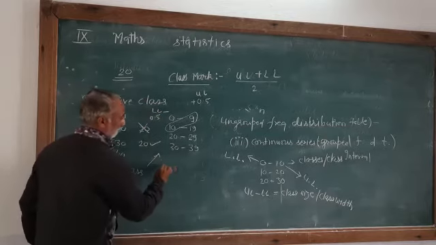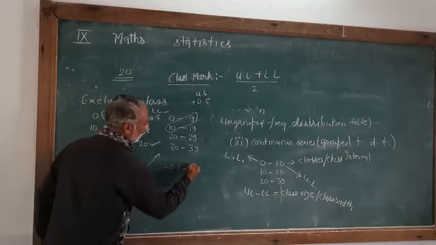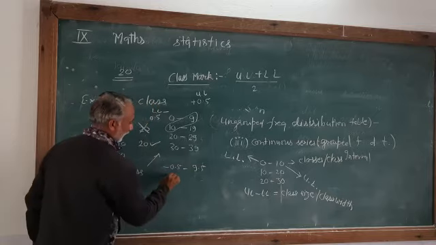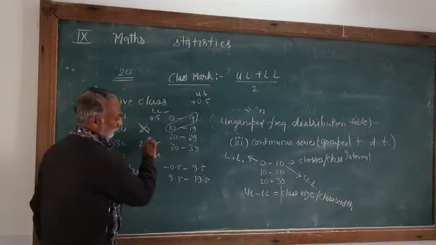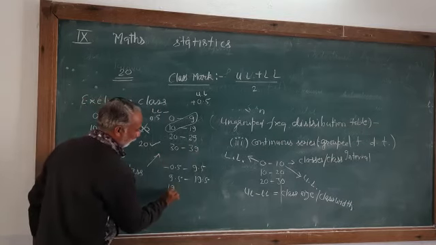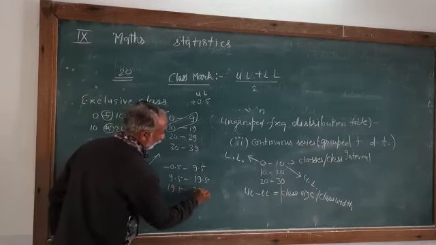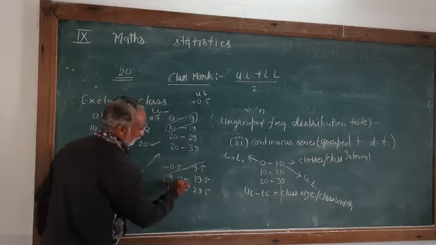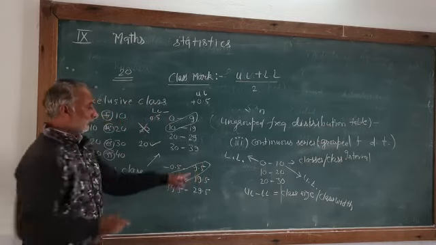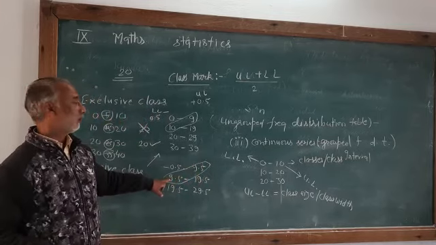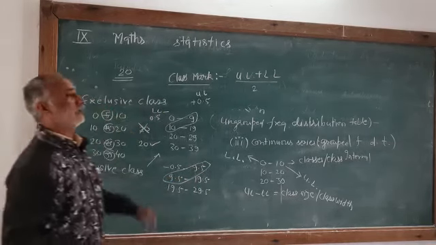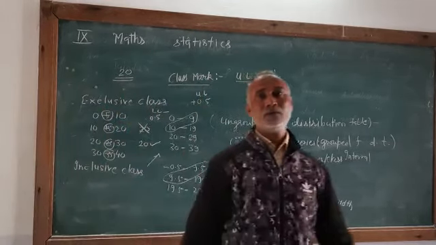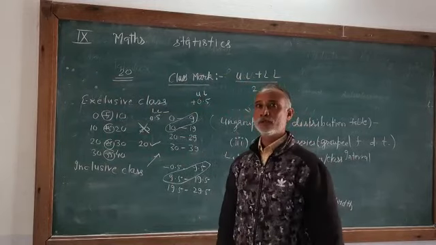So this will be minus 0.5 to 9.5, 9.5 to 19.5, this 20 minus 0.5, 19.5 to 29.5. Now you can see the upper limit of the first class is equal to the lower limit of the second class, which is the exclusive form. This is how we can convert inclusive form into the exclusive form.